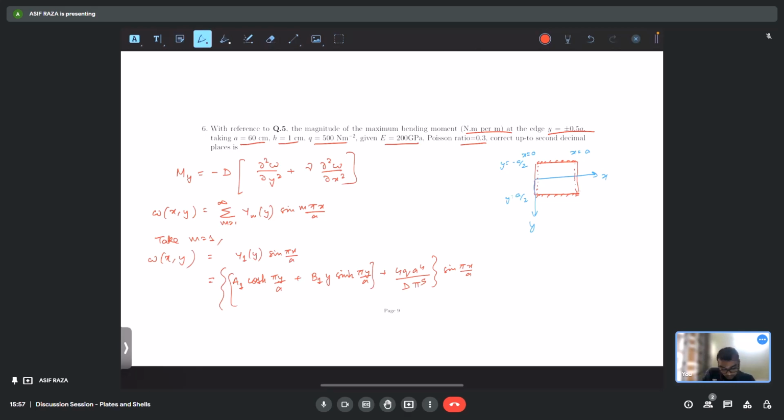Okay, now let's find ∂w/∂y. ∂w/∂y would be equal to a1 sinh(πy/a) times π/a plus b1 [y cosh(πy/a) times π/a plus sinh(πy/a)].